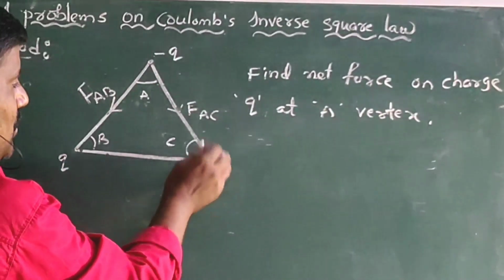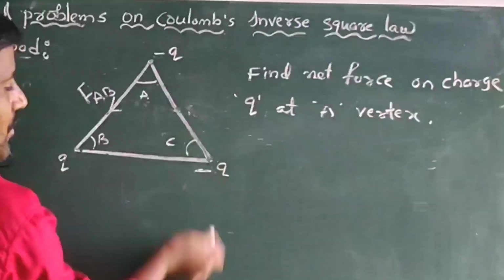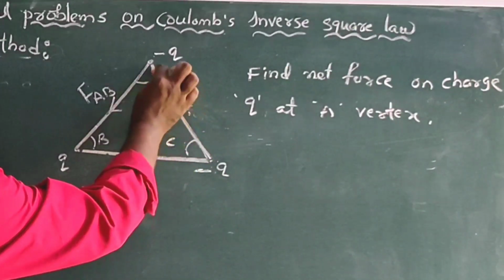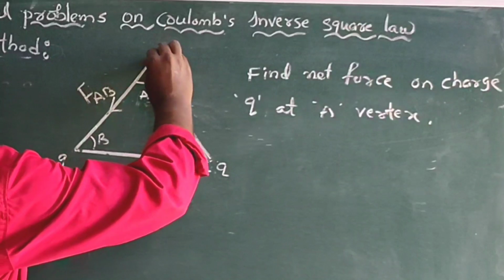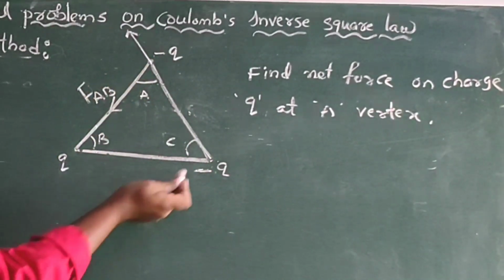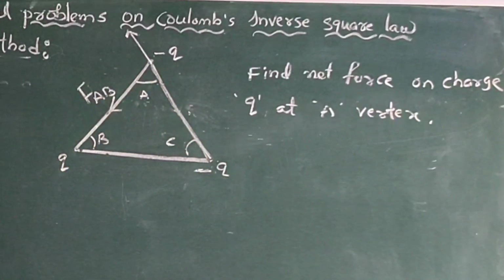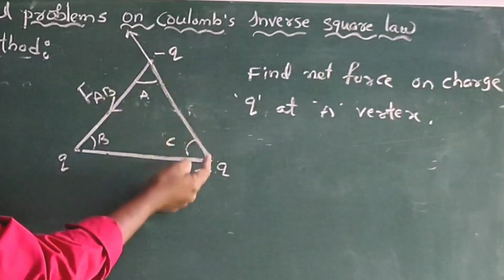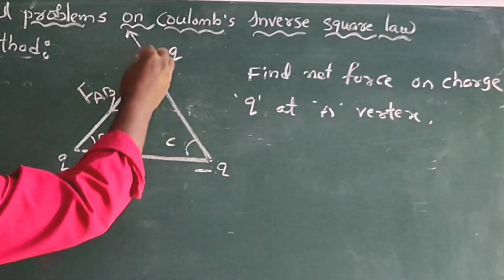But due to the minus Q charge at C, the force acting on the minus Q charge at A is along this one, because both are like charges. So these two like charges repel each other. That means the force is a repulsive force.